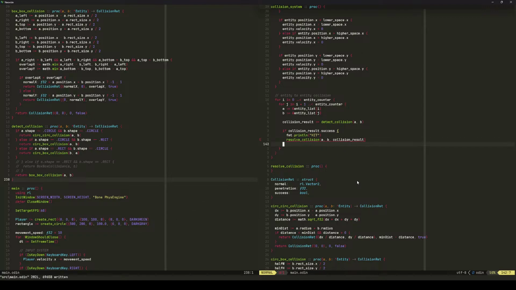What would it take? Entity A and entity B, and the collision result is equal to the collision return, I believe.